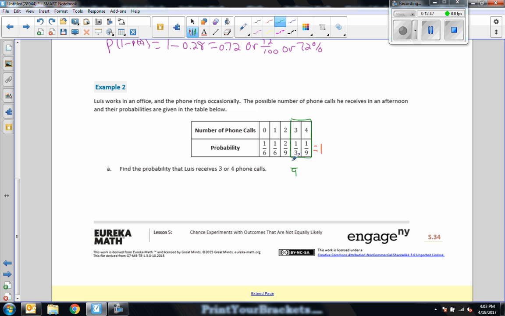So 1/3 is 3/9. So the probability of 3 or 4 equals the probability of 3 plus the probability of 4, which is 3/9 plus 1/9, which equals 4/9.